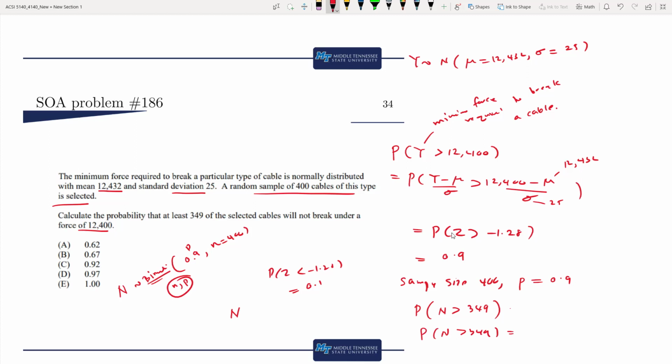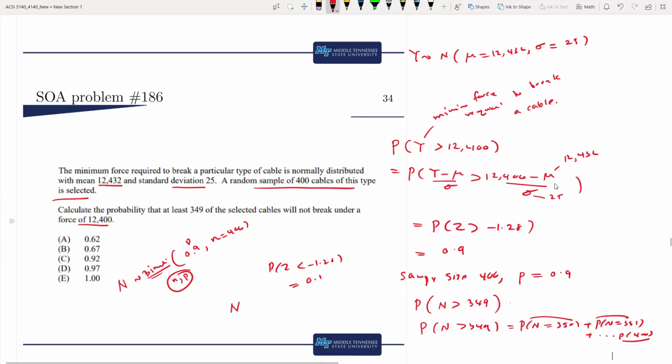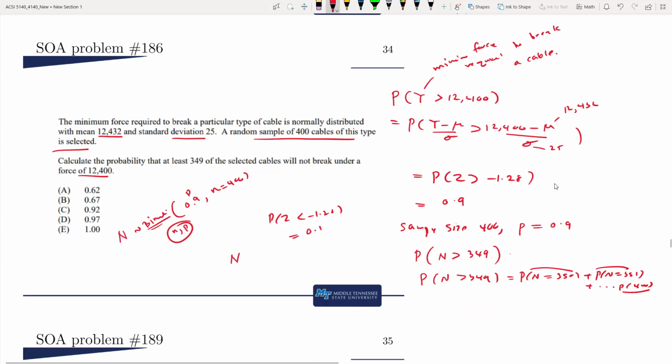If you know the binomial distribution, the way you calculate this is you start calculating this way: 350, 351, and so forth, all the way up to 400. Every time you apply the binomial probability formula, but you can see this is not going to be easy. So what we can do is use the continuous distribution to approximate that. We are going to use the normal.